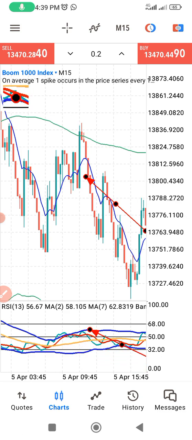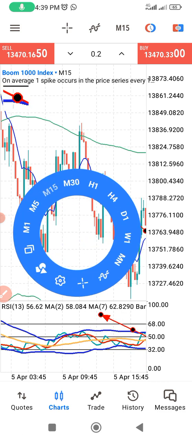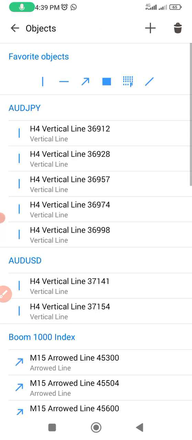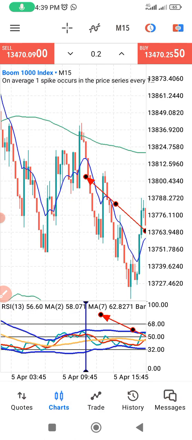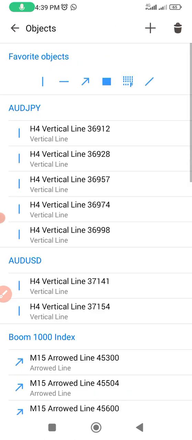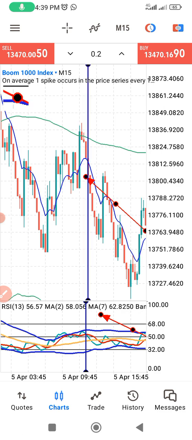And then we have this signal line that crosses here. Our signal line crosses at this zone, and upon the cross of this signal line, let me pick this vertical line to show you where this cross happened.